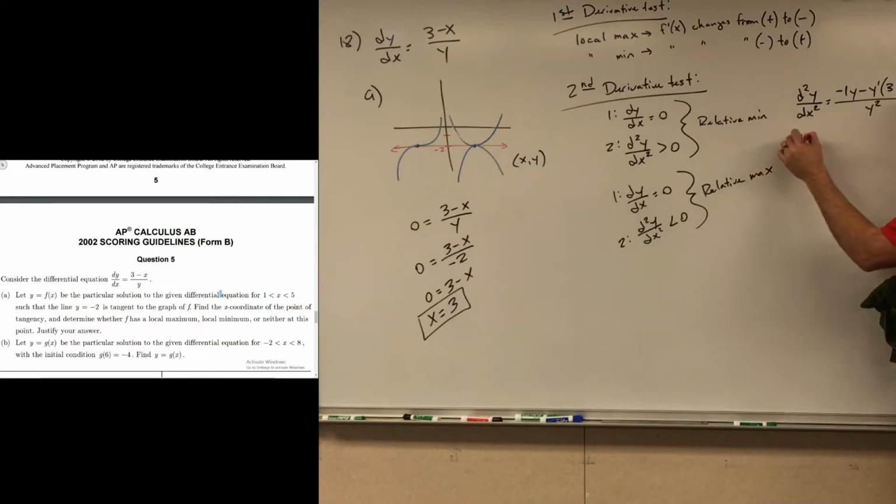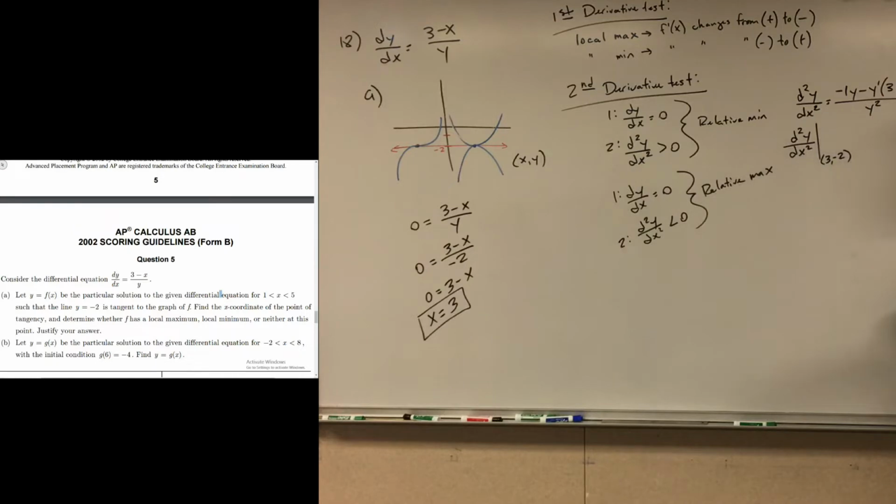Now, what is that then? We would say the second derivative evaluated where? Where are we concerned about? When x equals 3 and y equals negative 2. You guys okay with that?